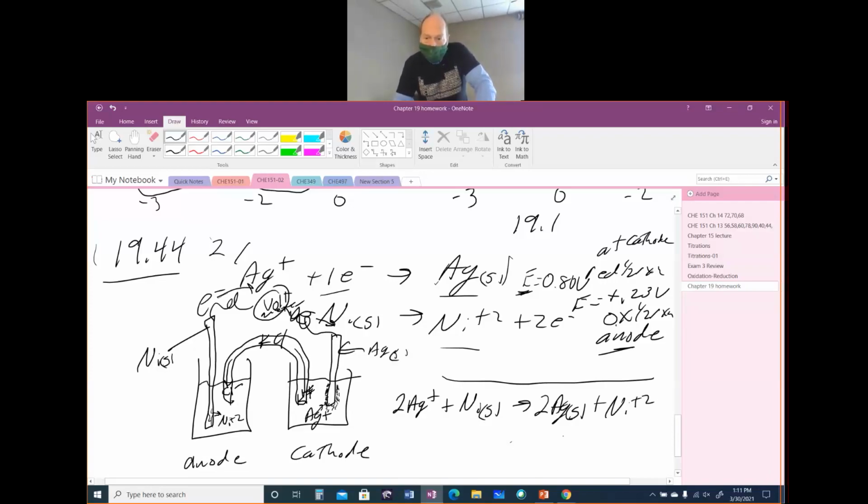And the E value, so that is the E naught cell. All right, so the overall reaction is the cell reaction. We just add those up, 0.8, 0.23, 1.03 volts. So if we had our standard conditions, which means that all of our concentrations are 1 molar, our voltmeter should read 1.03 volts when you hook that up to your voltmeter.